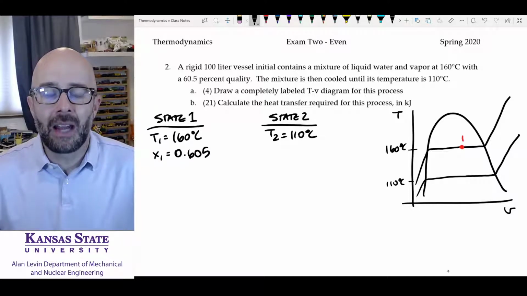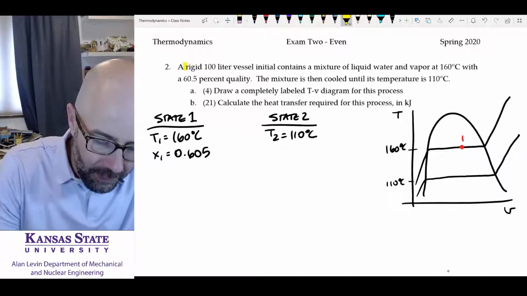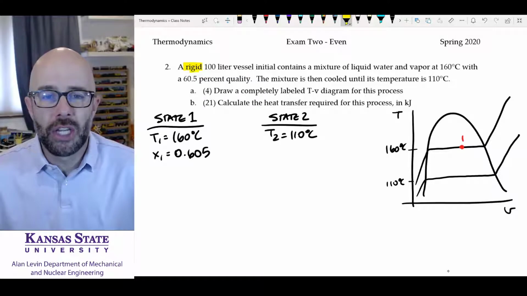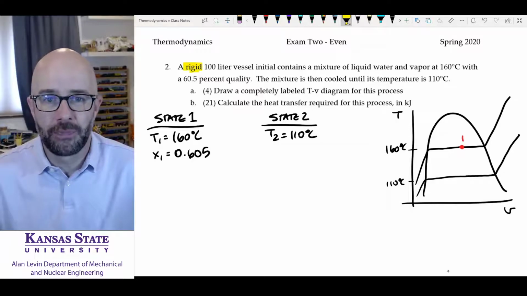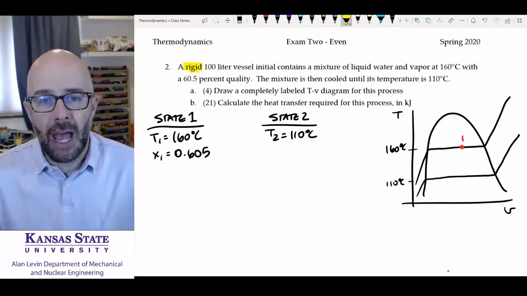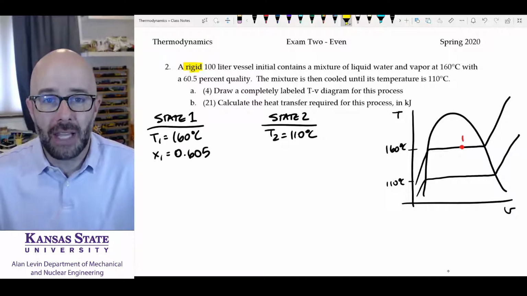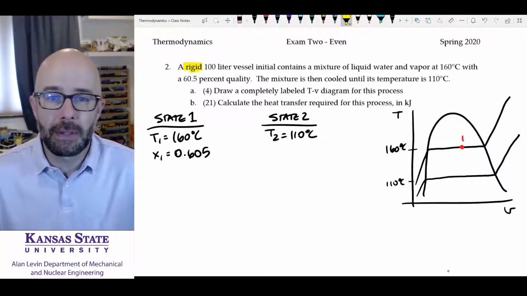Now, the key thing that I need to tell you in this problem is that it is a rigid tank. So if it's rigid, that means the volume remains the same. And it's a closed system, so the mass remains the same. If the volume and the mass remain the same, that means the specific volume must remain the same, because specific volume is volume over mass. So volume 2 is the same as volume 1, and mass 2 is the same as mass 1.